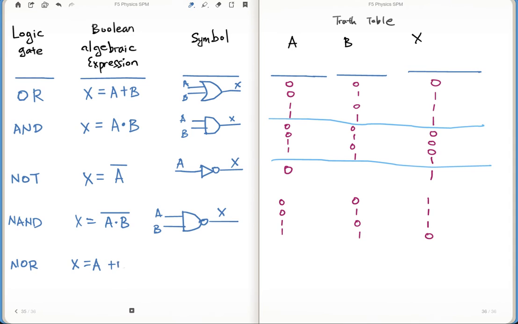A plus B, bar. So the symbol: the OR is plus, so it looks like a plus, and then not, so you have a 0 in the front. This is your X, this is A, this is your B.